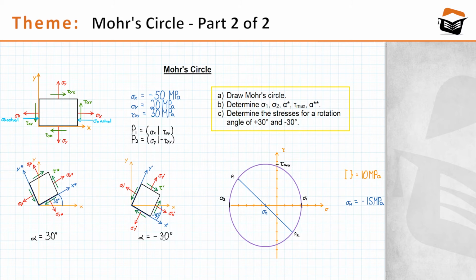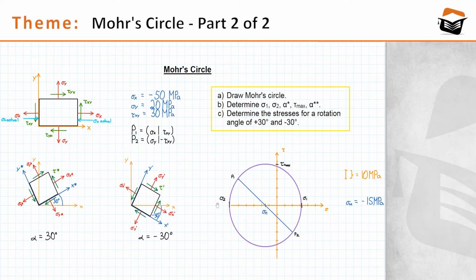To avoid confusion, I have labeled the rotated axes x star and y star in this scenario, and x prime and y prime in this situation. The directions of stresses are indicated, that is, the mathematically positive directions. For shear stresses, I'm using just one tau for convenience because otherwise it will get too cramped with the symbols.